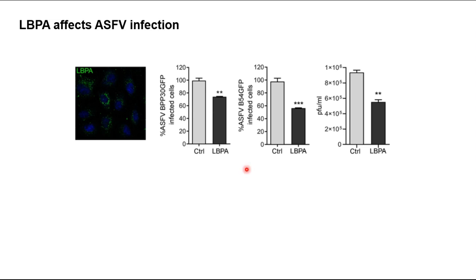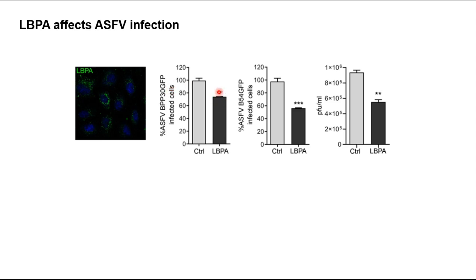So first, by using an antibody that is widely referenced to block the LBPA function, we incubate the cells with this anti-LBPA antibody, and then we check that the antibody was correctly internalized into the cells. Here in green, we can be sure that the function of the LBPA is impaired, and surprisingly, we saw how the early viral cycle steps were affected.